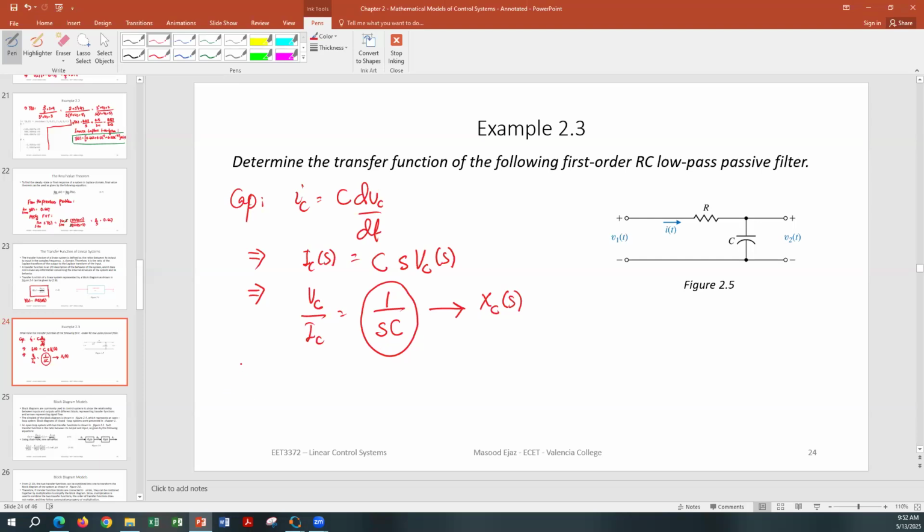And likewise, if you look at the inductor, which is VL equal to L di over dt.